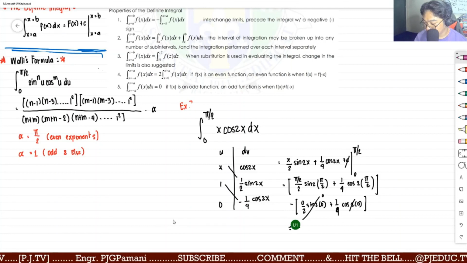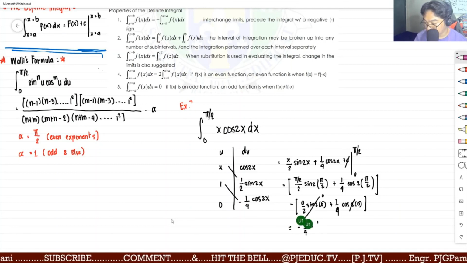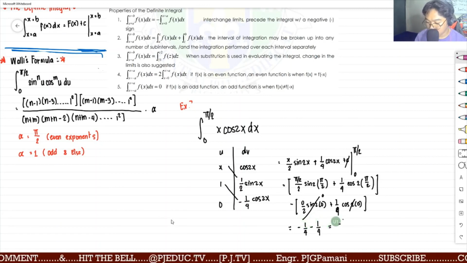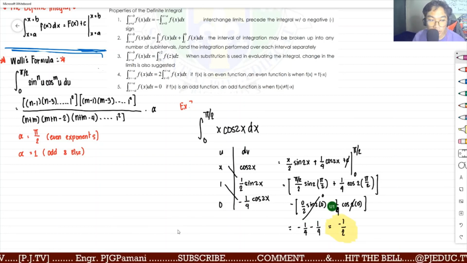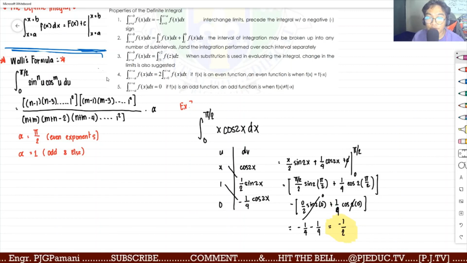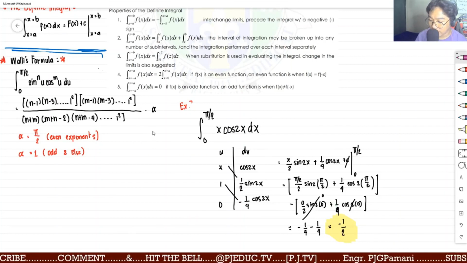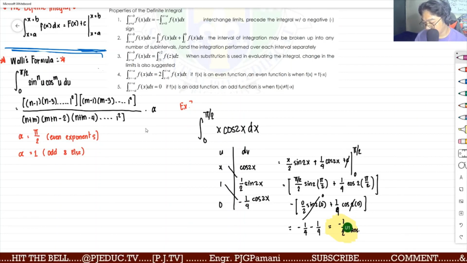That is negative 1/4 minus 1/4, which is equal now to negative 1/2. So, eto na ngayon yung ating final answer in relation naman to definite integrals applying integration by parts.